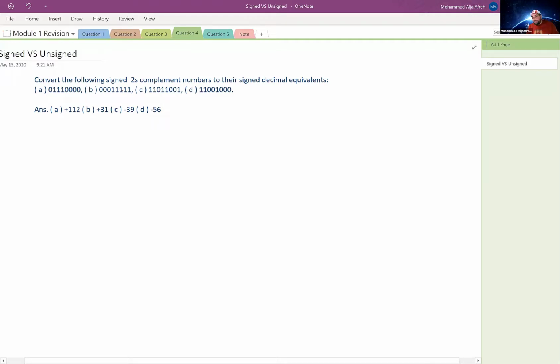To represent any number in negative notation, you can use either the sign magnitude notation, and this is not recommended at all because it will induce two zeros, one positive 0 and one negative 0, and that doesn't make any sense in any numerical system, as well as the 1's complement notation.